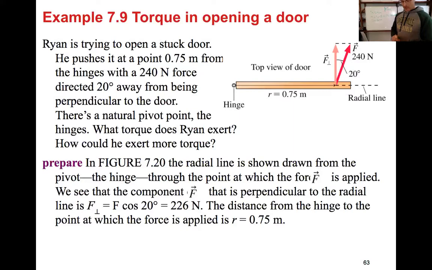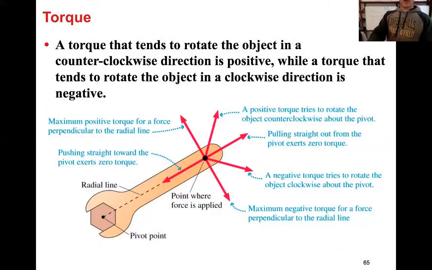So 240 times sine 20. Oh, huh. Oh, it's cosine. Oh my gosh. Cosine 20. All right, so 0.75 times 240 times cosine of 20 is, yeah, 170. Okay. All right. I goofed that up.